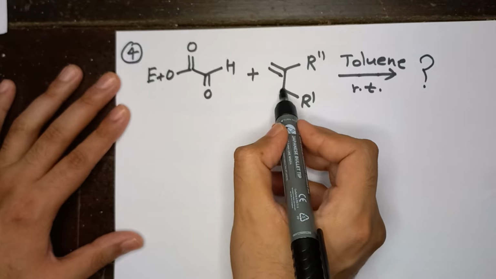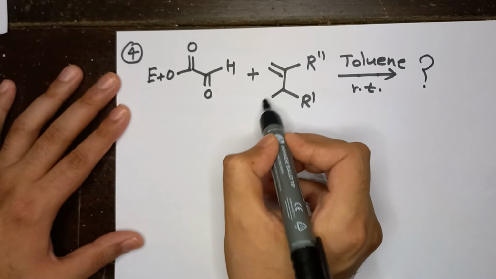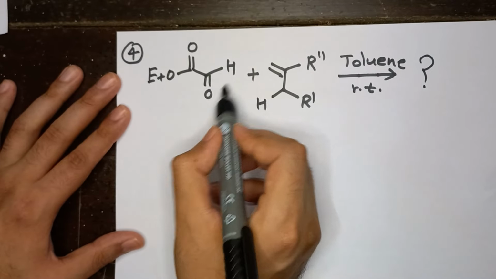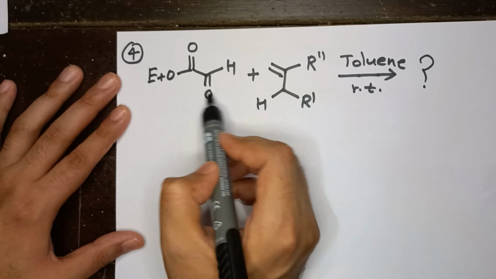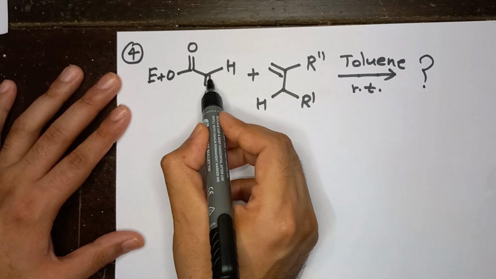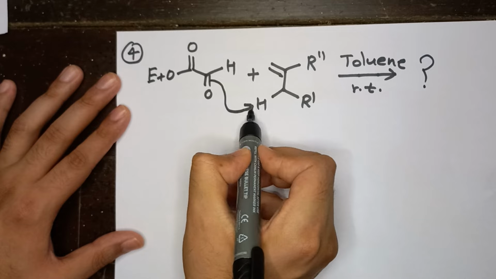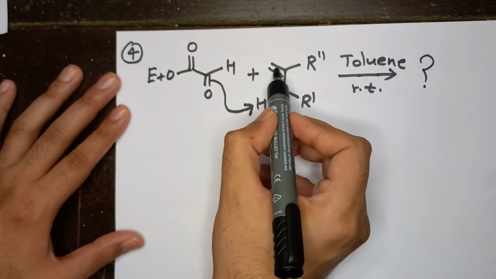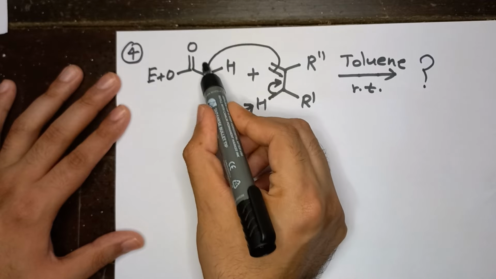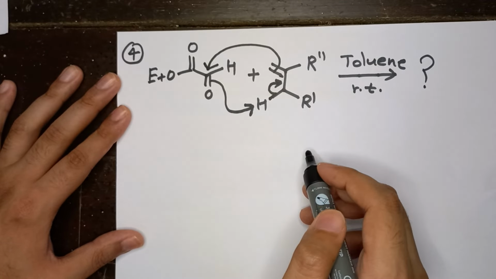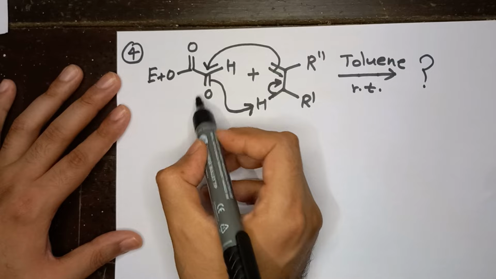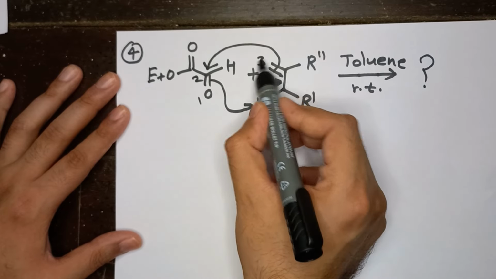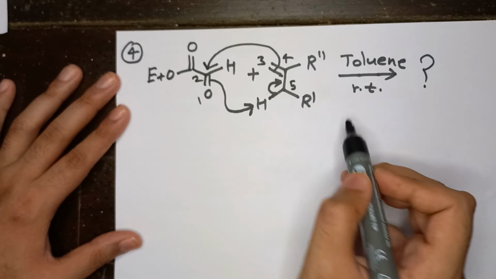Okay, so this is my carbon adjacent to the alkene having hydrogen, and aldehyde is more reactive than ester, so aldehyde will take part in the reaction. This double bond will take this proton. This bond will form a double bond here, and this bond will attack here. So the product will be, so this is 1, 2, 3, 4, and 5.